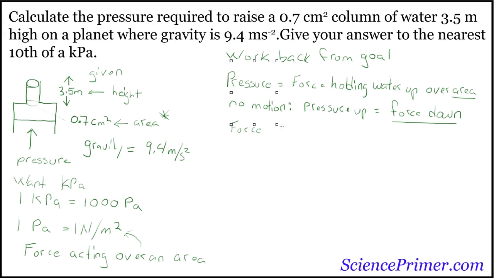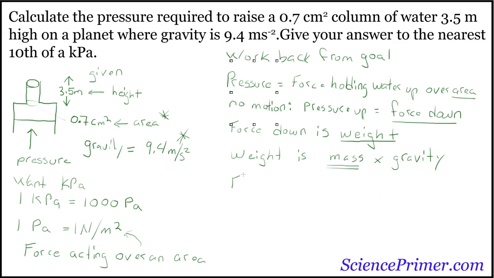The force pulling down on the water is the weight of the water. The weight of the water is its mass times acceleration due to gravity, and we know acceleration due to gravity.